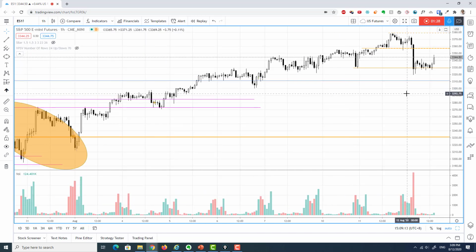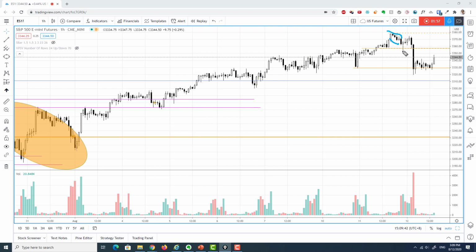Okay, so this is the hourly time frame, and just prior to the US opening here, 9:30 my time, we see that we have a rally up during the Asian through the European London session, and subsequently followed by a reaction here.